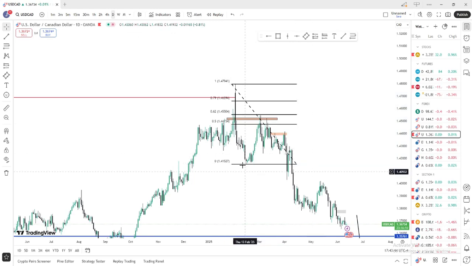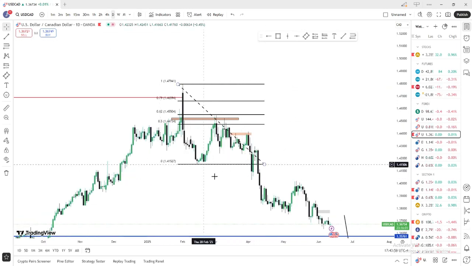Now, what do we use Fibonacci for? To ascertain the level of retracement that the market is going to retrace before it goes down to the direction we want it to go, either for buy or for sell. You understand? So this is an hourly candle. Each of these candles takes a day to complete.